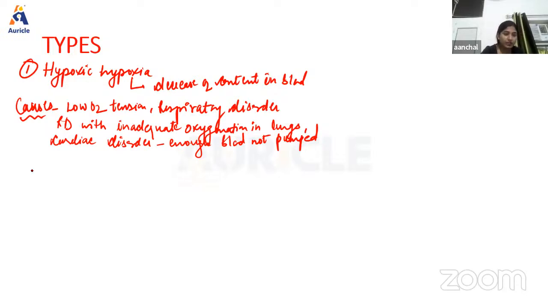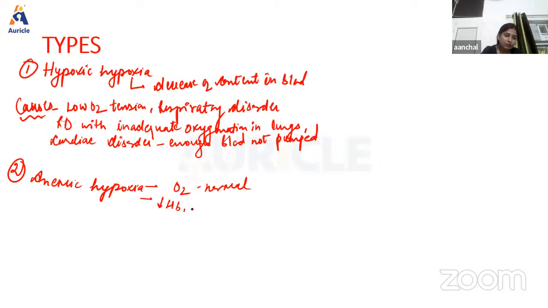Then next we have another type, that is anemic hypoxia. So what is anemic hypoxia? Anemic hypoxia is a type of hypoxia that is caused by an anemic condition. Here the oxygen availability is normal, so O2 is normal, but the blood is not able to take up a sufficient amount of oxygen due to anemia. So here there will be decreased HB, hemoglobin, and decreased RBC. And what are the causes of anemic hypoxia?